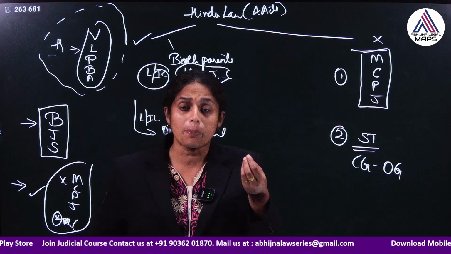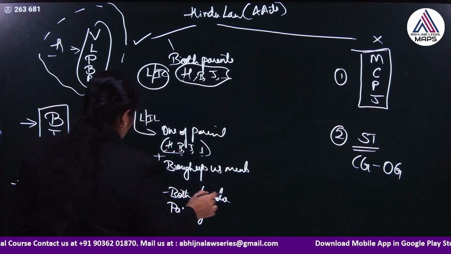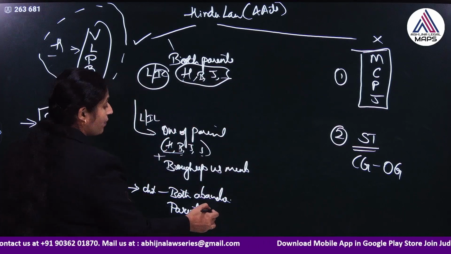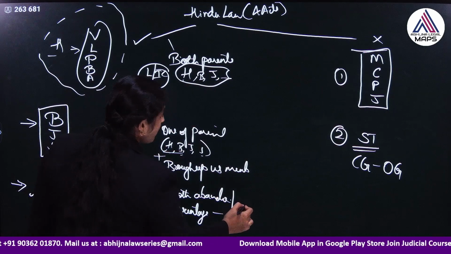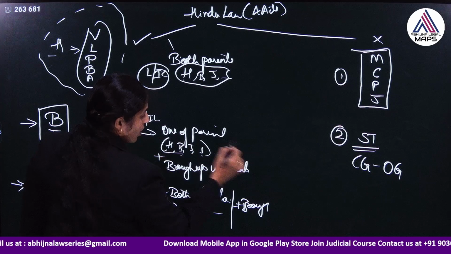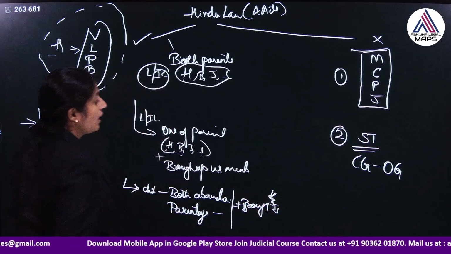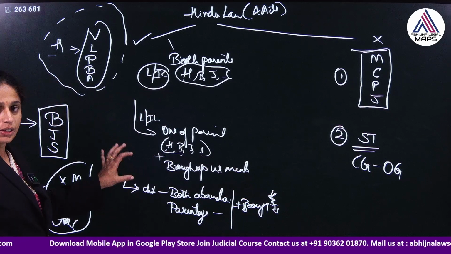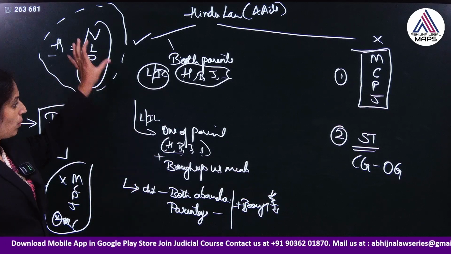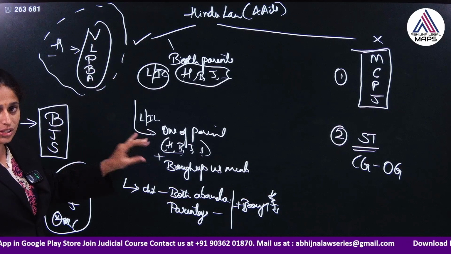So, nobody knows who the parent is. In such cases, either the parents have abandoned them or the parentage is not known. If that child is brought up in the customs of Hindu, Buddhism, Jain or Sikhism, then we can say this child belongs to Hindu or can follow Hindu law. This is one such category.